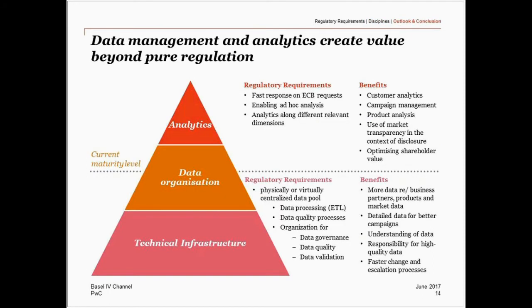If we see where data management is today, we see that the technical infrastructure for data management is in the organization, and the data organization is created for modern data management. We are starting with a view of a better data organization. We can see that we fulfill the regulatory requirements for physical or virtual centralized data pools, so we can create better reports to the ECB.